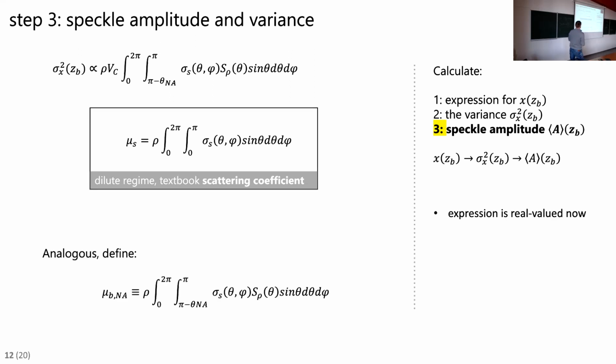By analogy to this textbook expression for the scattering coefficient, we define here mu_b,NA, the backscatter coefficient within the numerical aperture of the detector, as the differential scattering cross section multiplied with the structure factor, integrated over the collection.